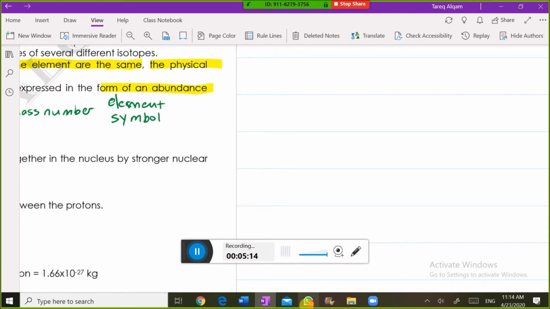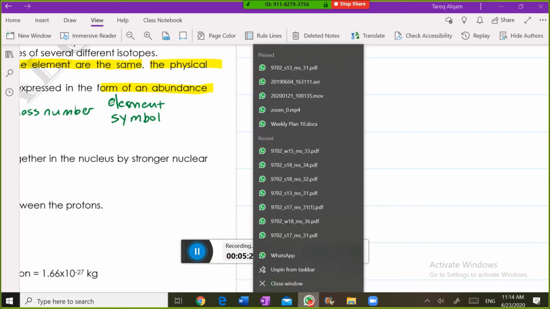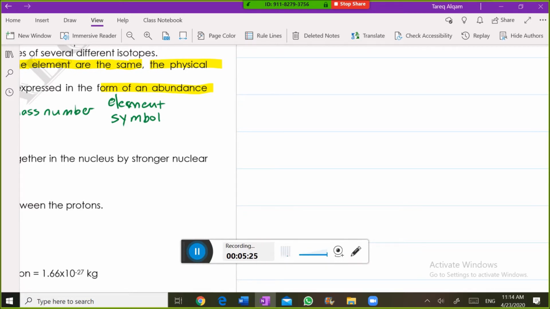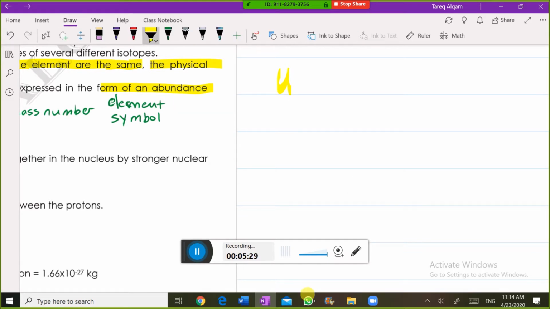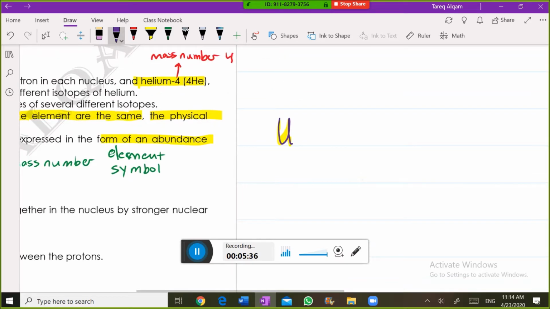let's consider uranium. Uranium has two main isotopes, uranium 238 and uranium 235.